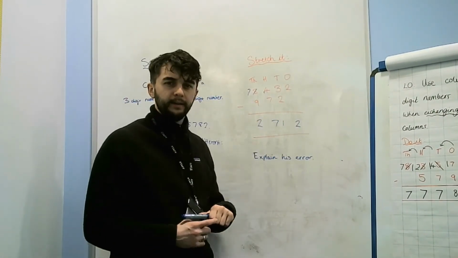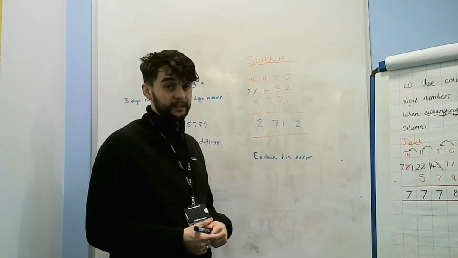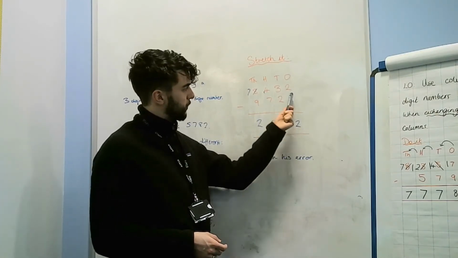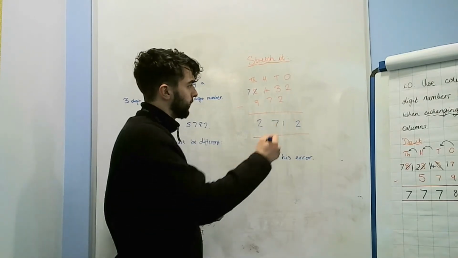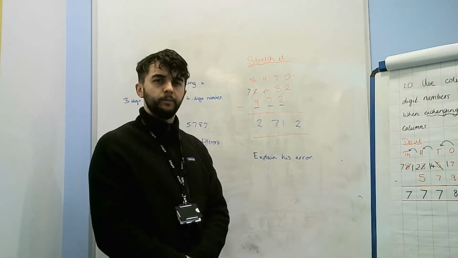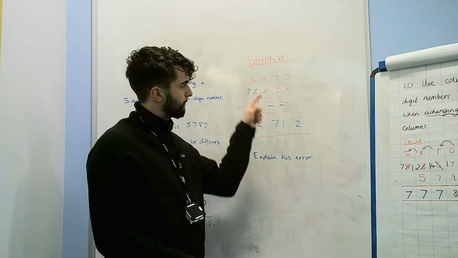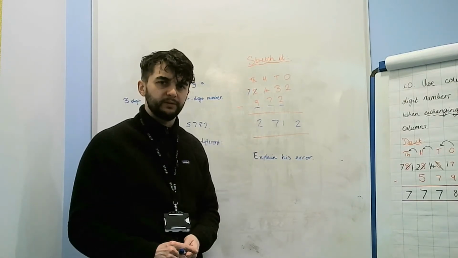Look at the way that Colin or Coco, I don't know which one's which to be honest, has arranged their numbers. 2 subtract nothing. Oh, so look what's happened. They've put the 972 here. So what mistake has been made? Look at the thousands column. Why is the 900 in the thousands column?